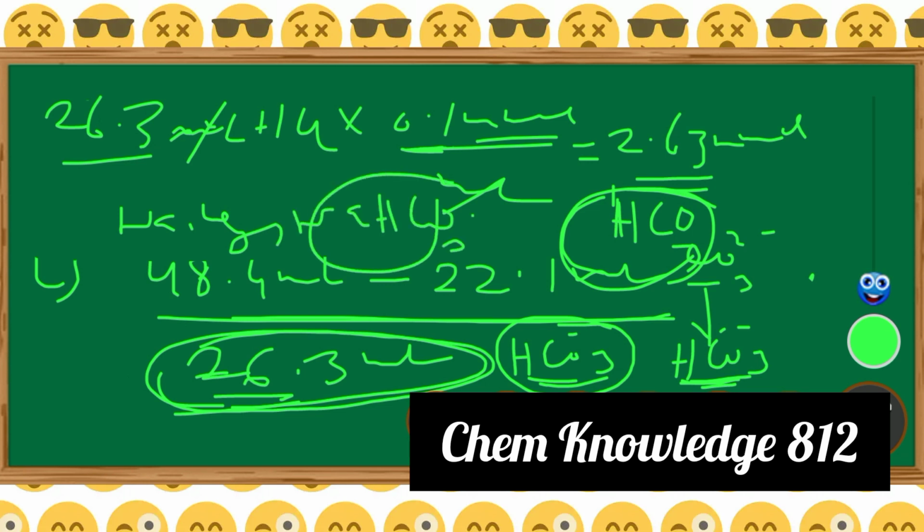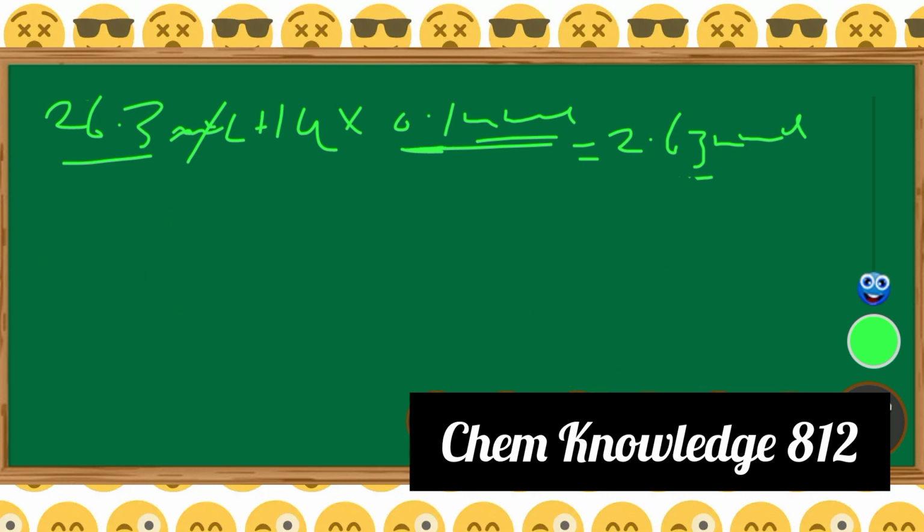Now we will obtain the bicarbonate present in the sample. For this purpose, we subtract 2.21 from 2.63.